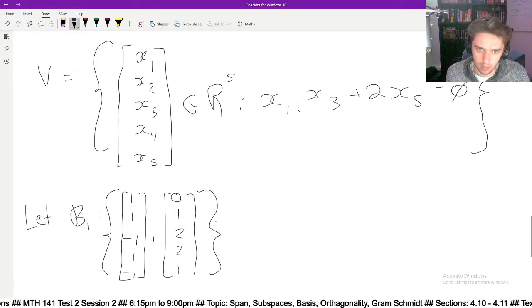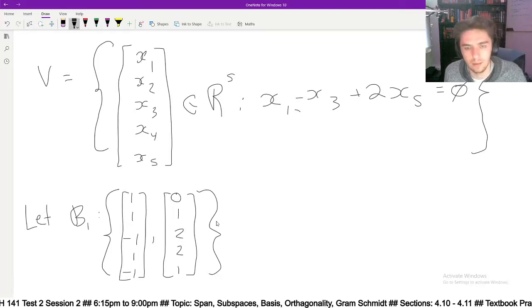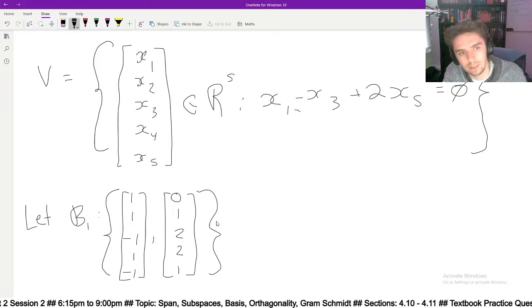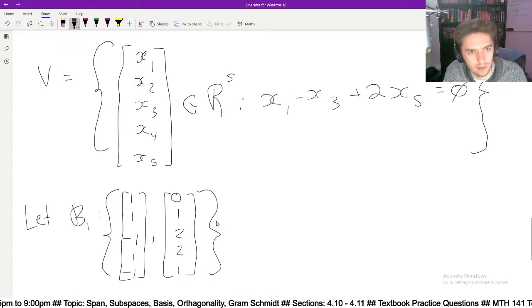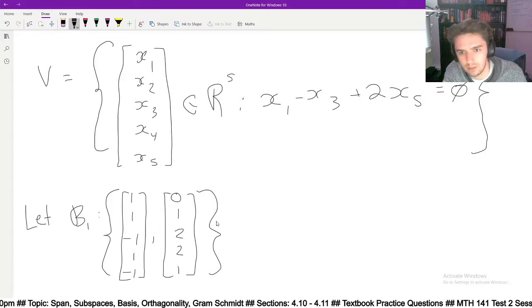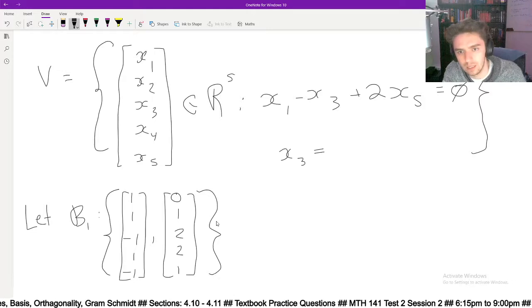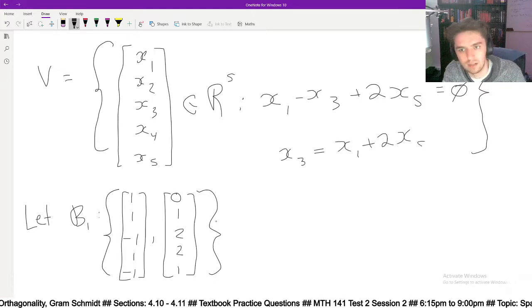So another way to write V is, if we take this condition and rearrange it for one of the variables, I can say x3 equals x1 plus 2x5.